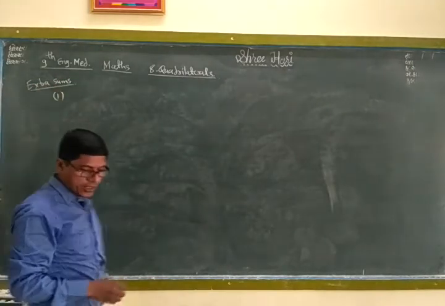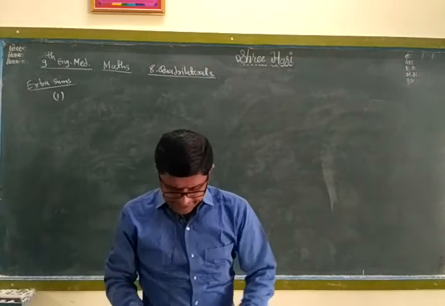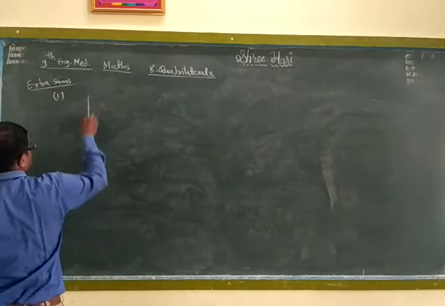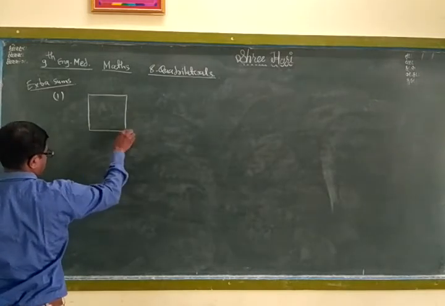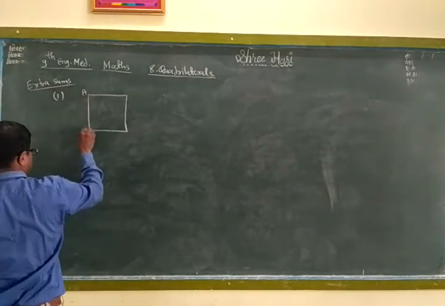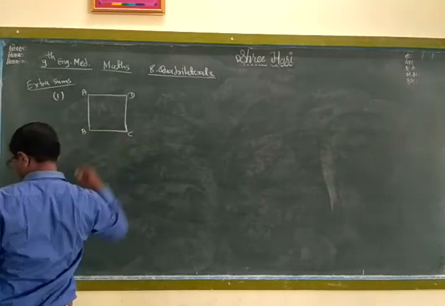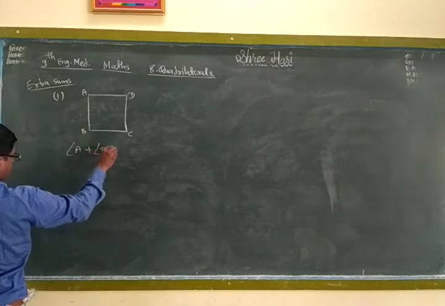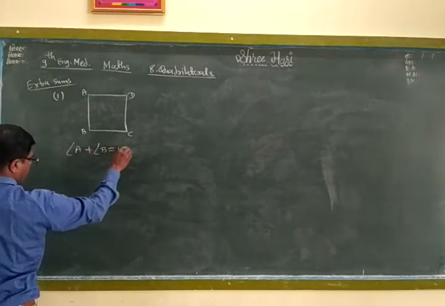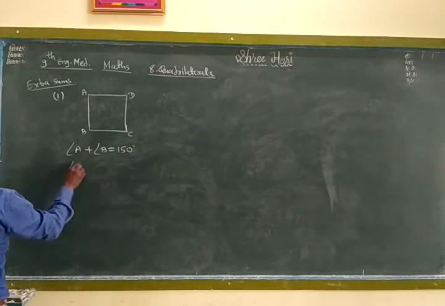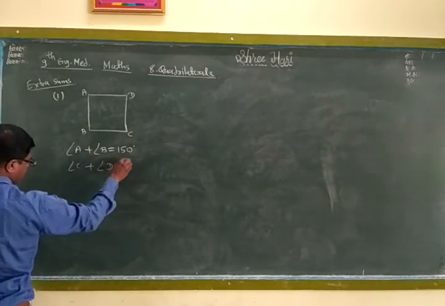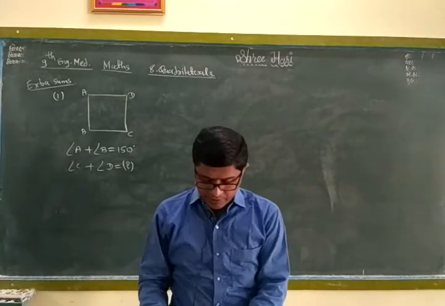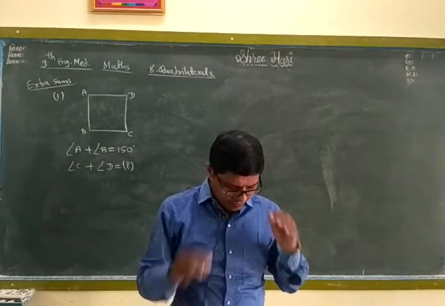First, here is a quadrilateral ABCD. Angle A plus angle B is equal to 150. Find angle C plus angle D. How to find?